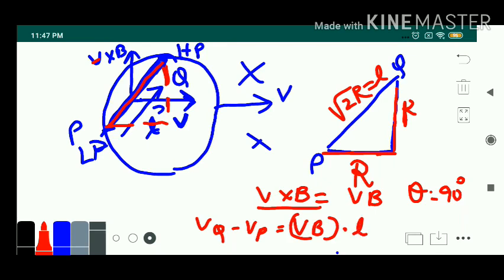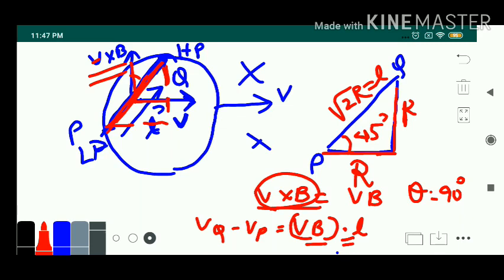So that dot product is VBL cos theta, where theta is the angle between V cross B and L. This is V cross B and this is your L. It is easily seen that it is 45 degrees. This is 90 degrees, this is half of it, so the angle is 45 degrees.